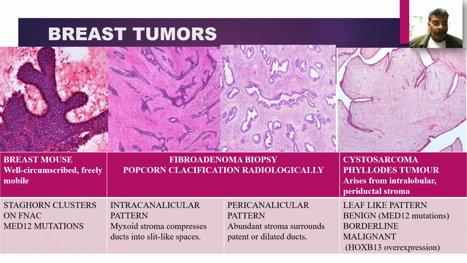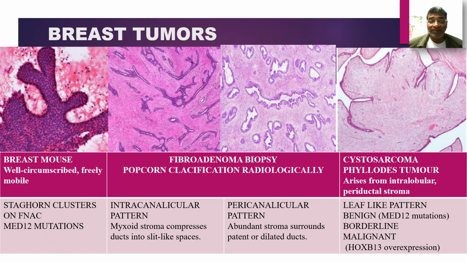Coming to cystosarcoma phyllodes or phyllodes tumor, this will arise from intralobular periductal stroma, and you have to remember one point: this is not coming from fibroadenoma, it is arising from intralobular periductal stroma. There will be a leaf-like appearance of this tumor.